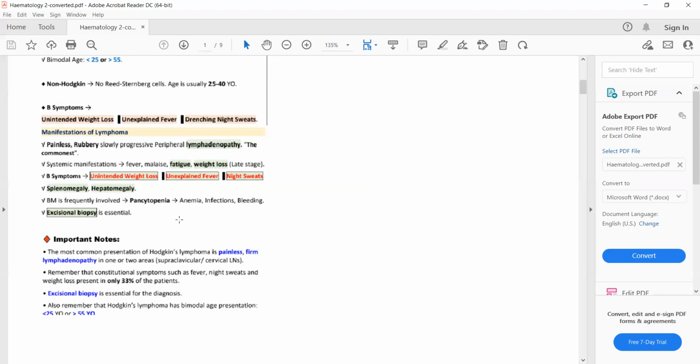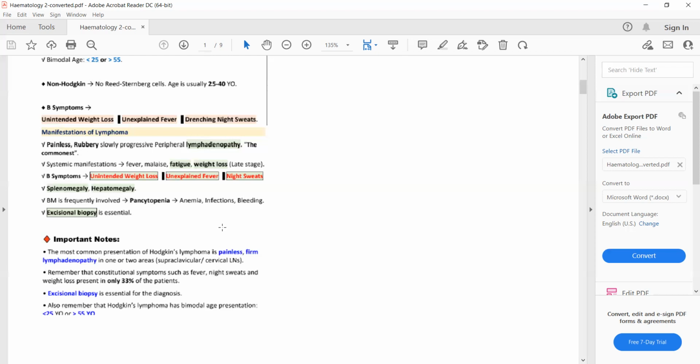These lymphocytes can invade the bone marrow, and that's why pancytopenia is usually present in patients with lymphoma. That's the reason the person is having B symptoms such as weight loss, unexplained fever, and night sweats, due to pancytopenia or neutropenia and infections.